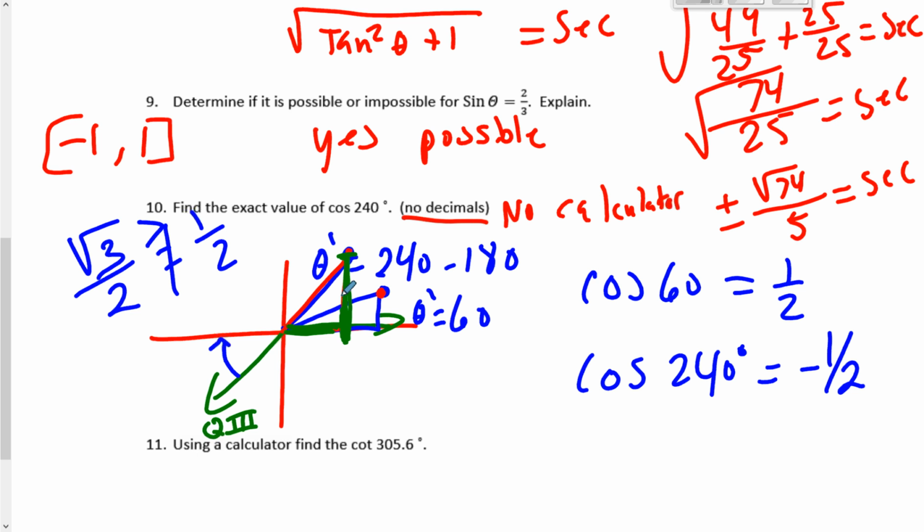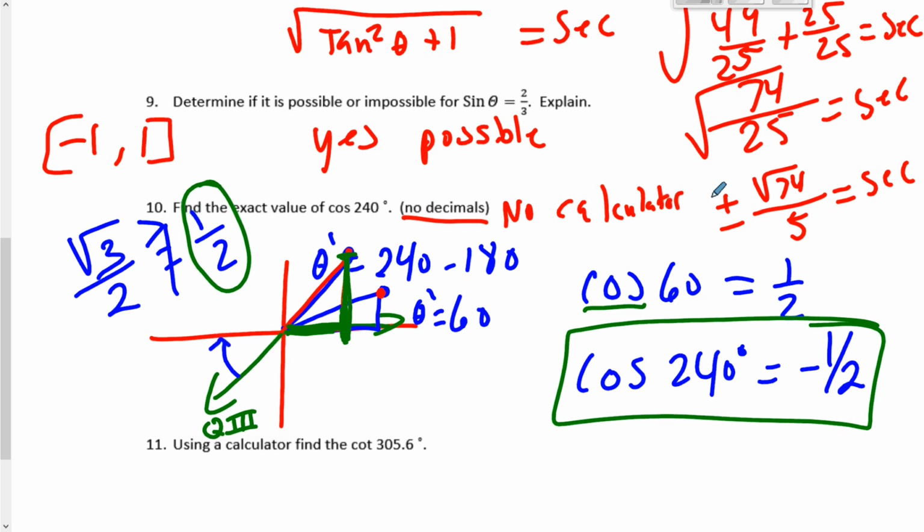It is, isn't it? So our x is actually smaller than our y value. So that's why our x is 1/2, and that's why cosine of 60 is 1/2, because cosine relates to the x. And 1/2 is smaller than root 3/2. That's the way I think about it. You don't necessarily have to think about it that way. But on these ones I don't want you to use your calculator. I want you to use your reference angle and use your chart to find it. So here's our answer to the previous one.